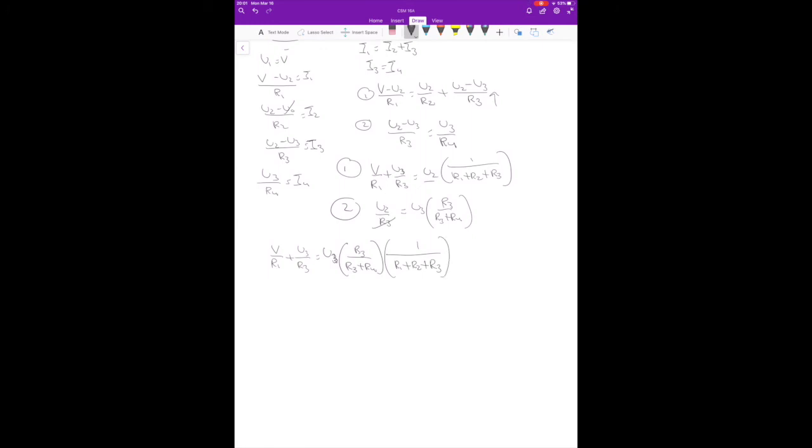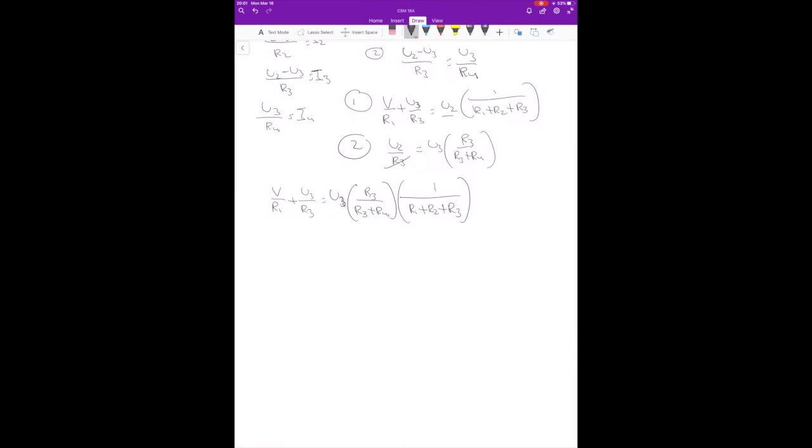Okay, and if that is not intimidating enough, we need to do some more work, because eventually we do want to solve for u2, and we've gotten rid of it. So here's what I'll do. Let me try to keep the v over r1 on one side, and then put the u3s together.